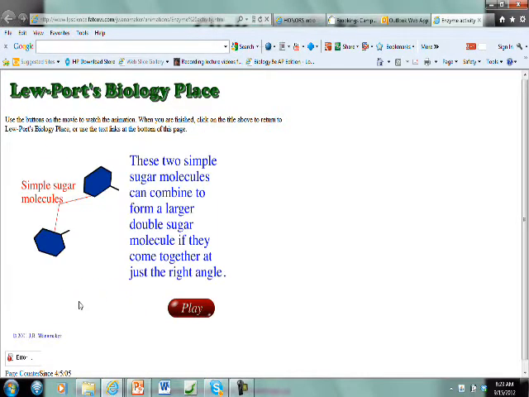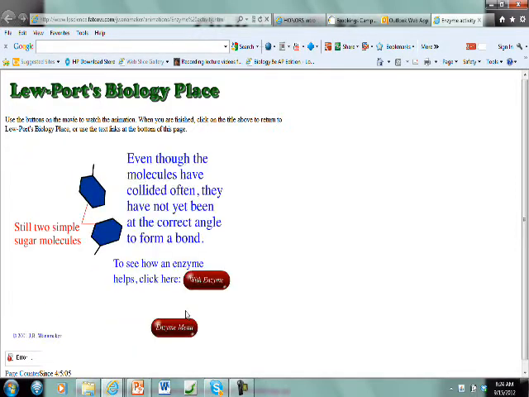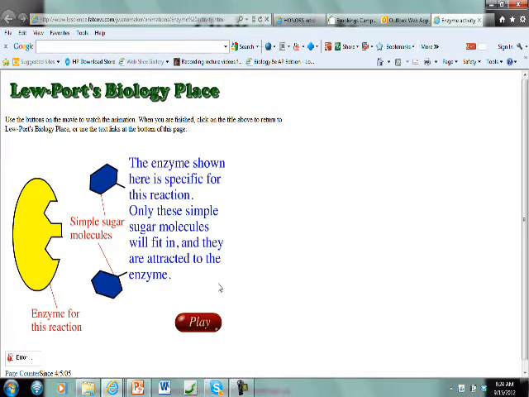So if I was to do a little chemical reaction and I wanted to hook these two little blue sugar molecules together, if they are floating around loosely in the cell, they might bounce around for a really long time before they got lined up in the right direction and close enough together in the right way to hook together and make that reaction happen. If I have an enzyme available, remember that active site fits the substrate perfectly.